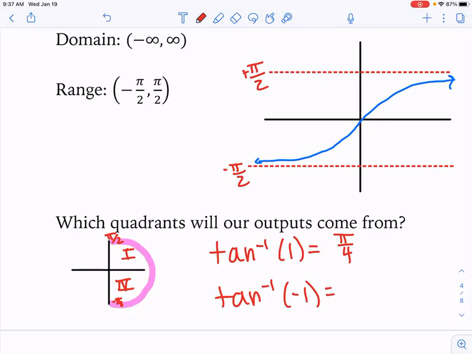You're not going to tell me 7 pi over 4. I know that's in the fourth quadrant, but we have to stick from negative pi over 2 to pi over 2. So instead of rotating all the way around to the fourth quadrant, we're just going to rotate in the negative direction, negative pi over 4.